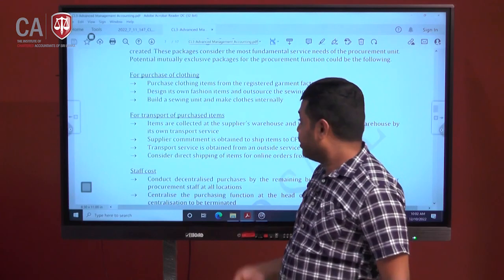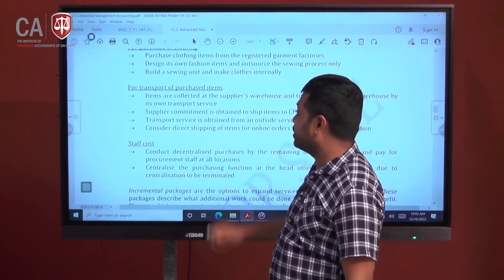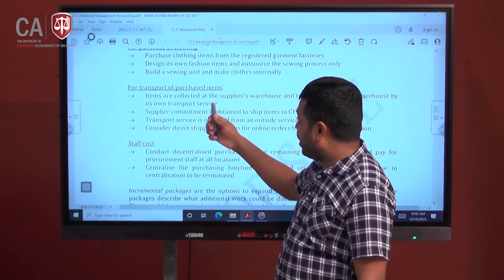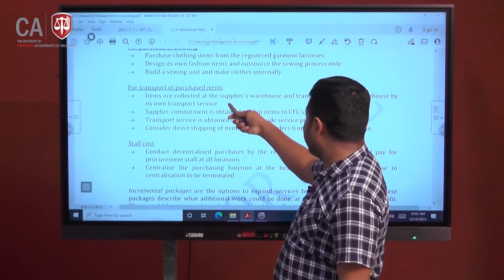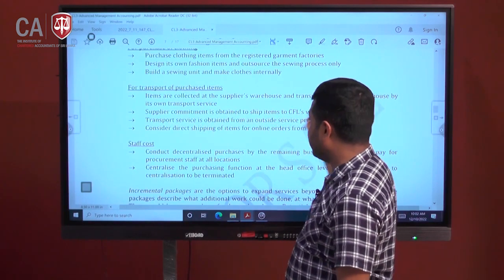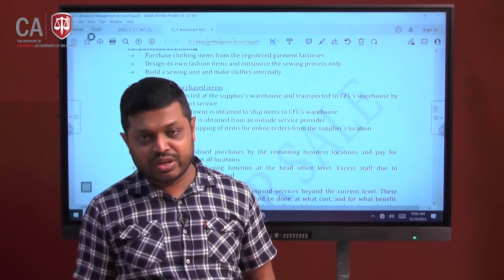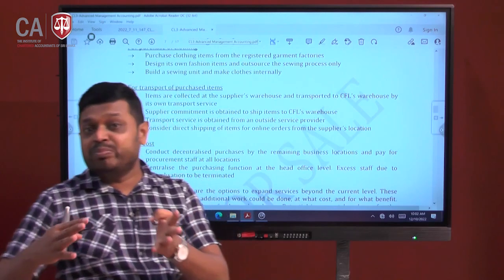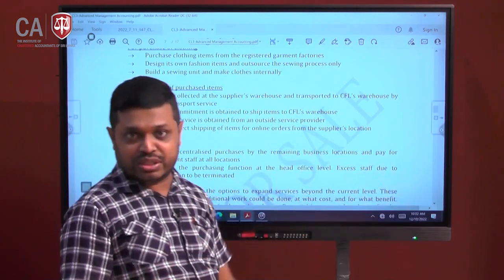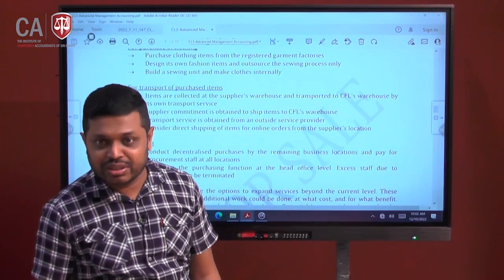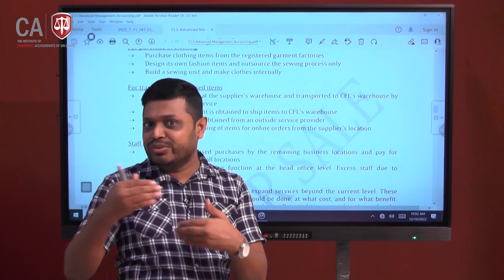Second one, transportation of purchased items. Once you purchase from the supplier's warehouse, you transport to the CFL warehouse by its own transport service. Whether you are going to use your own transport service, you can see what commitment there is from the supplier to deliver the goods at a lower cost. Then you are trying to reduce the cost.